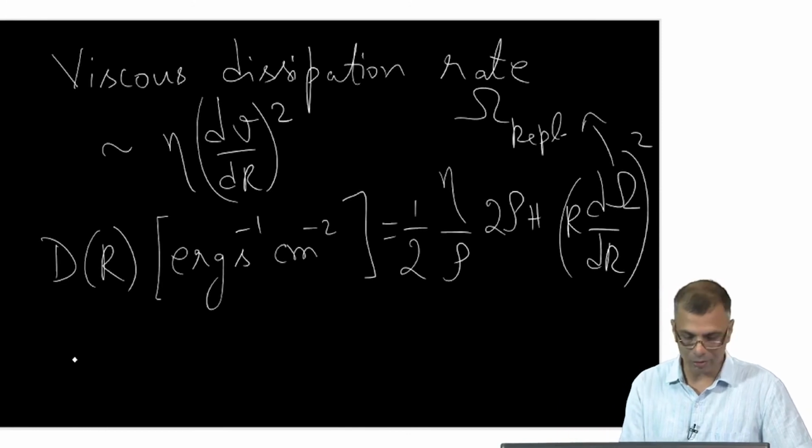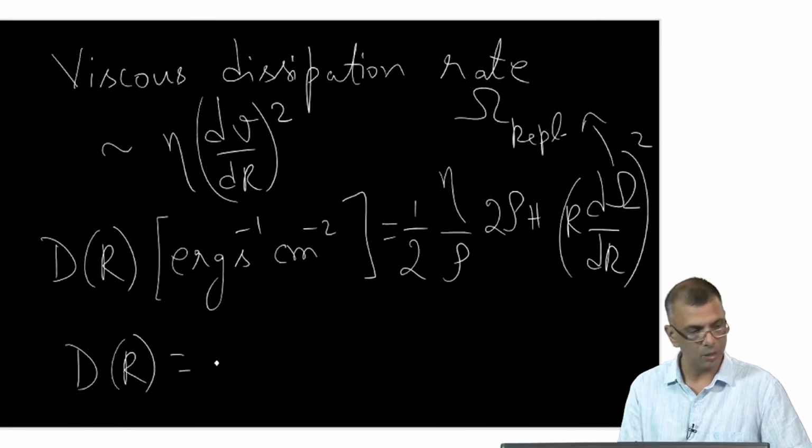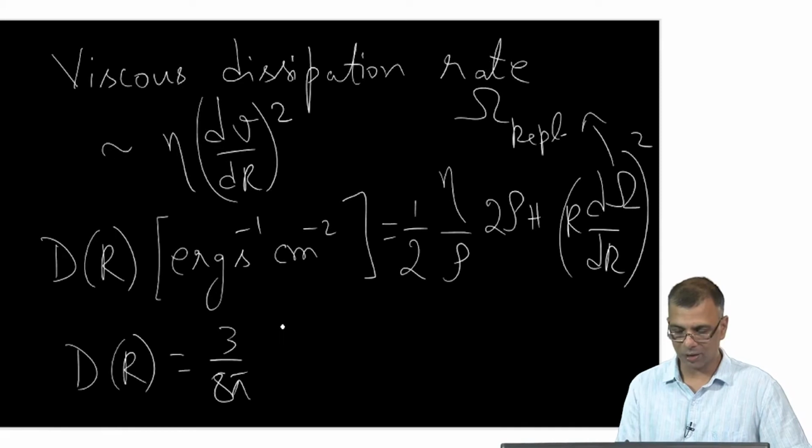So that would be essentially D of r is equal to 3 over 8 pi. This is fairly simple algebra. I urge you to work through this. I've given you all the steps.